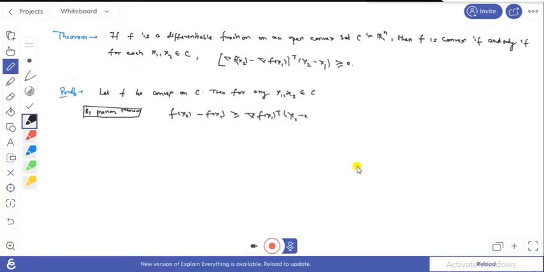Okay, so you know this formula. But you can also write this in the other form, f(x1) minus f(x2), so this formula is gradient of f at the point x2, transpose, times (x1 minus x2). So this formula is like this.